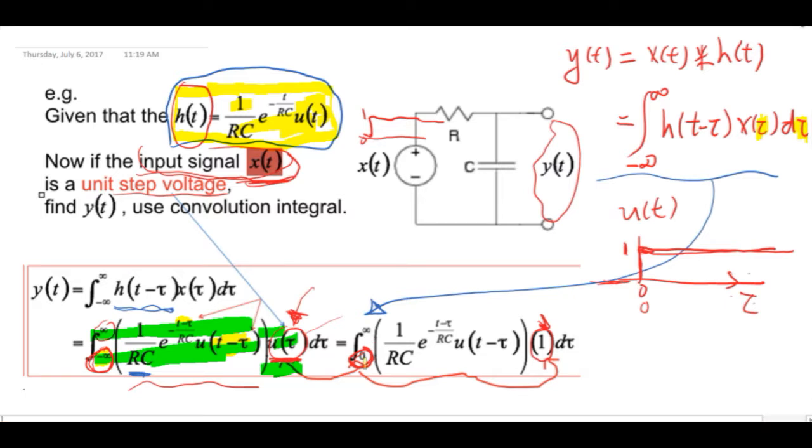We simplify this integration in such a way that we get rid of u(tau), but we still have the positive infinity limit and another t. We are going to sort it out on the next slide.